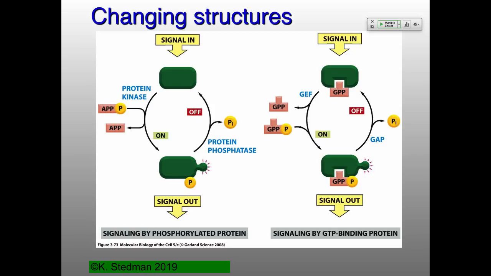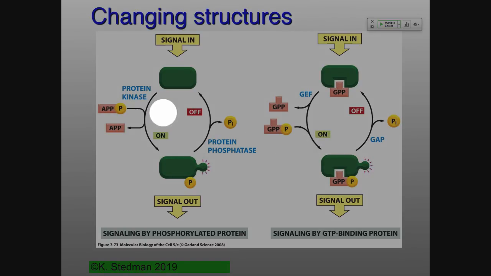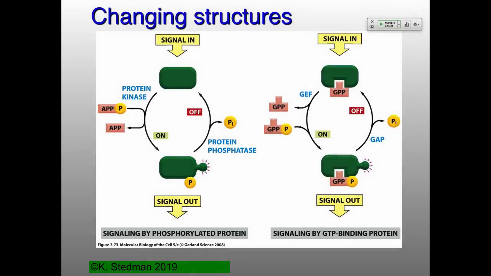The first one is the so-called protein kinases and protein phosphatases. These are adding phosphates. This is adding a covalent bond to your protein. And so the ligand binding, sorry, I should have mentioned it, is almost always a non-covalent interaction. But phosphorylation is a covalent interaction which takes place.